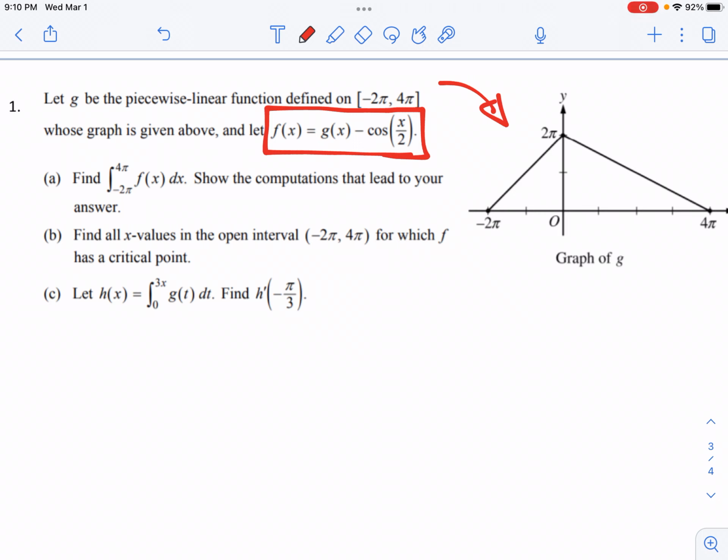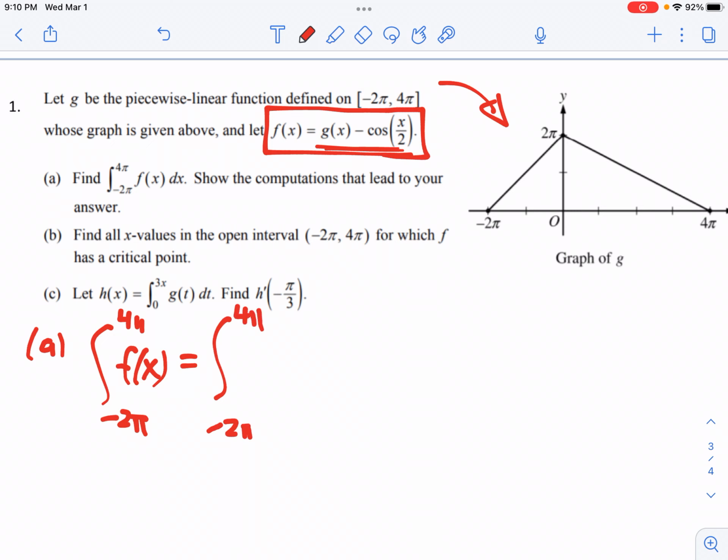So, in A, if we want the integral from negative 2 pi to 4 pi of f of x, I'm just going to take what f of x is defined as, and that's the integral from negative 2 pi to 4 pi of g of x minus cosine of x over 2.